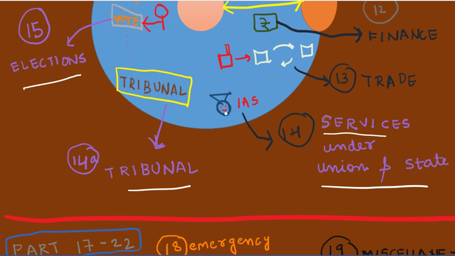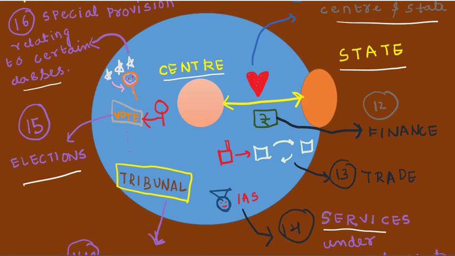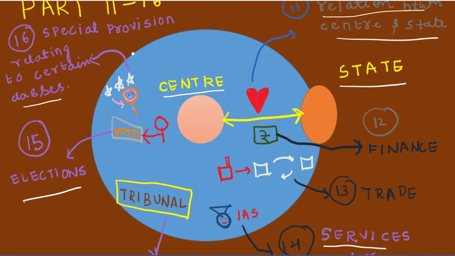Just remember, IAS officer is connected with tribunal, and then tribunal declares elections, which is part 15. After elections, there are special provisions for certain classes, which is part 16.